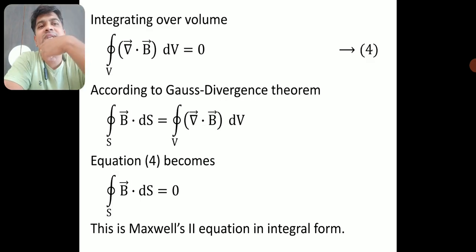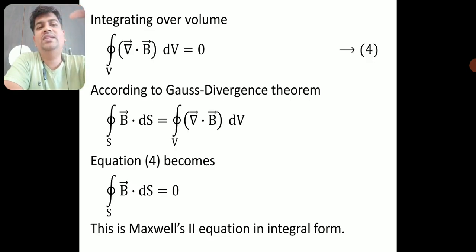Now I'll use the Gauss divergence theorem, which converts a surface integral to a volume integral. So the surface integral of B dot ds is equal to the volume integral of divergence of B dV. I'll substitute in the above equation. Then equation number 4 becomes the surface integral of B dot ds equals 0.